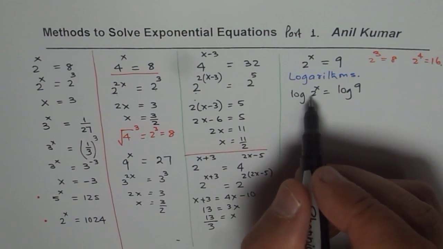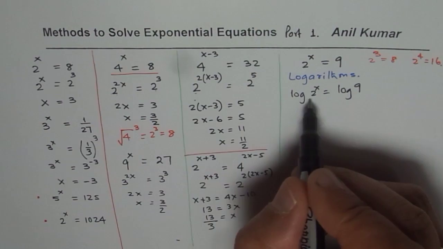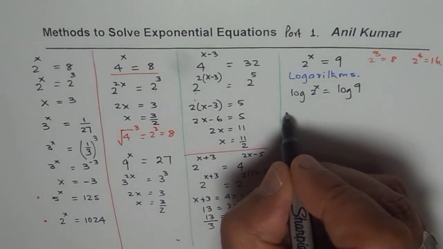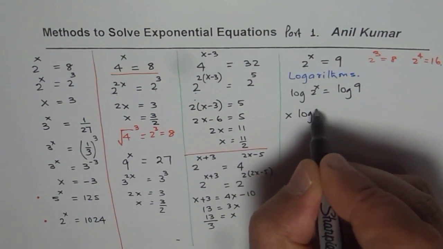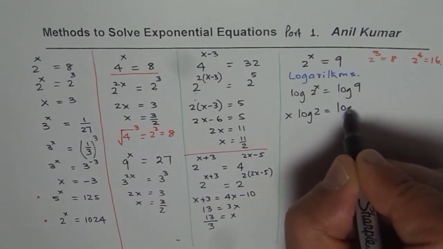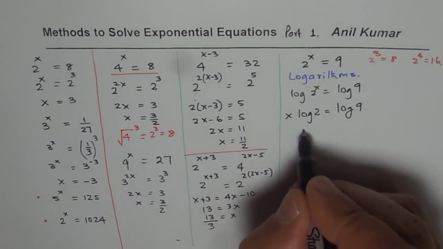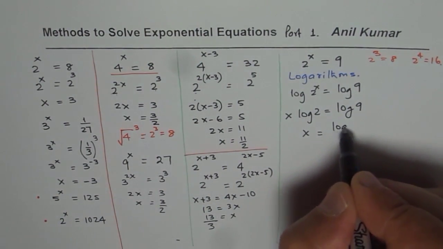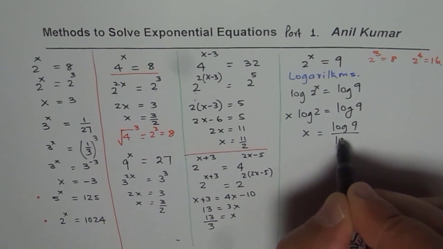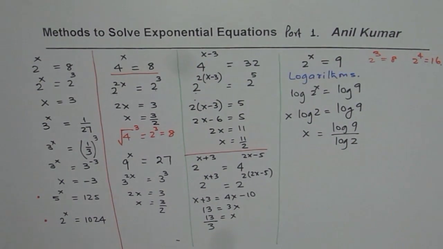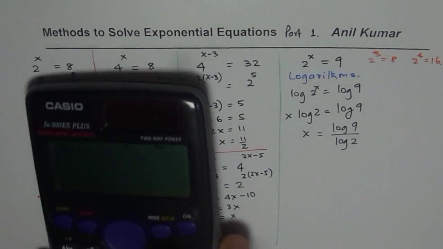And one more log rule says when it is log of 2 to the power of x, I could write this as x times log of 2, which equals log of 9. Now I can isolate x and write x as log of 9 divided by log of 2. And using a calculator, we can calculate this answer.